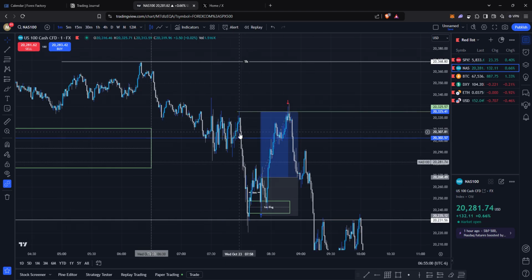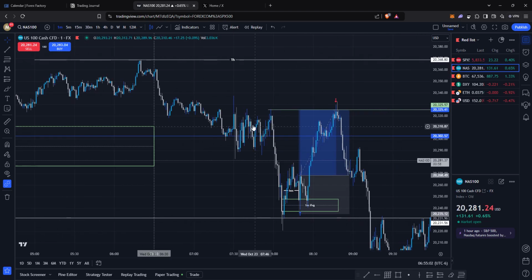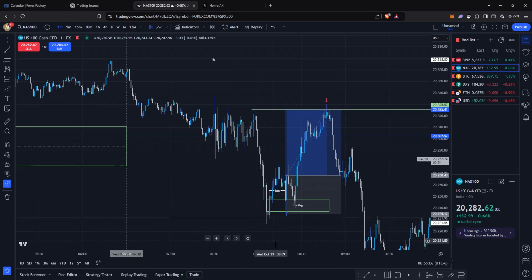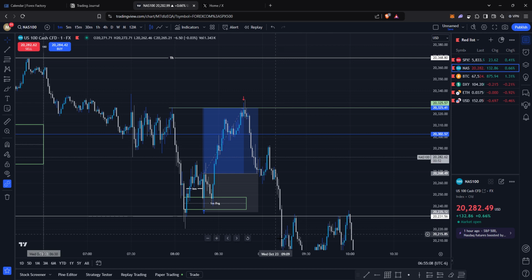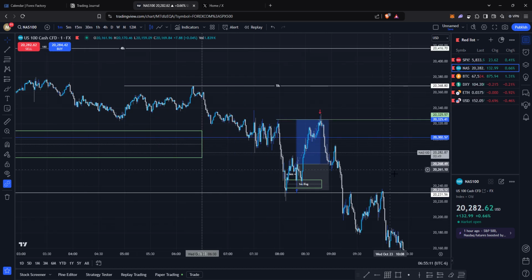Low resistance, draw on liquidity for the final take profit. I could have probably done more, but I only had 1 unit for this trade.